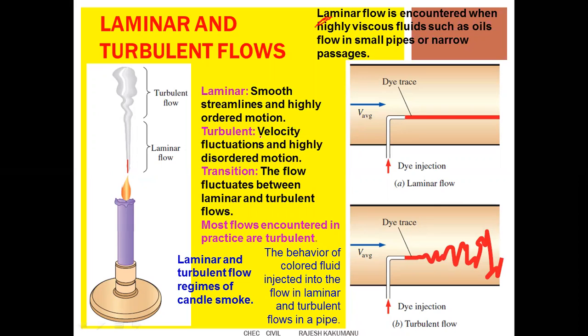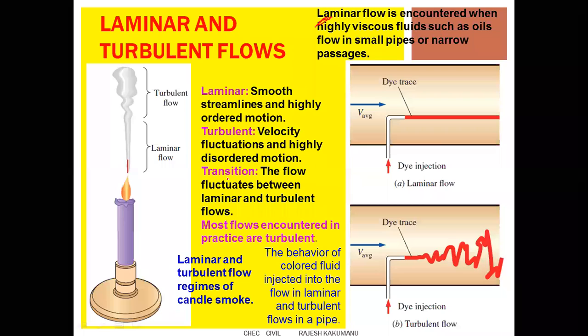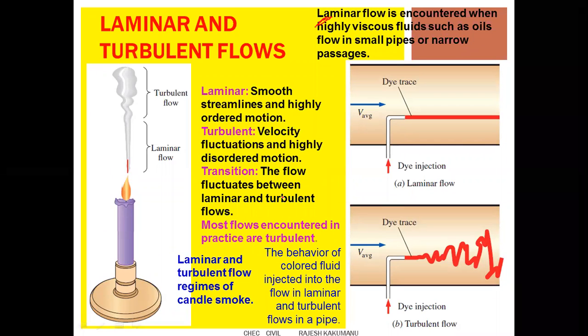Next, turbulent flow. How are we saying turbulent flow? The turbulent flow has velocity fluctuations. Here the velocity fluctuated, here it decreased, here it increased, again here it decreased, here it increased. So like this, you are having the velocity fluctuations and highly disordered motion. Next one is the flow fluctuations between the laminar and turbulent flows.